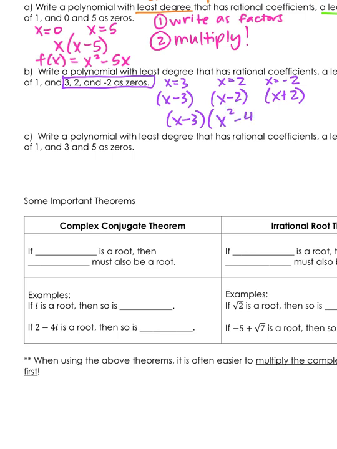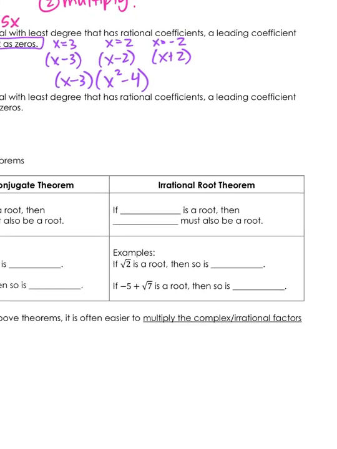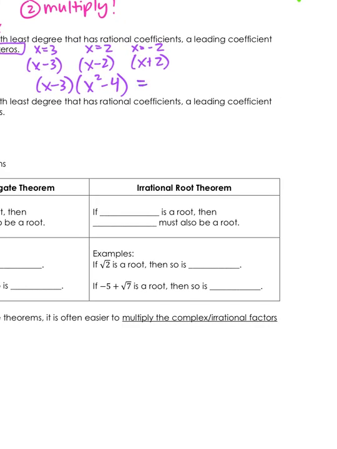So this is going to be x squared minus 4. And then I can distribute, I can use FOIL, I can use the box method, but it's going to end up giving me x cubed minus 3x squared minus 4x plus 12.